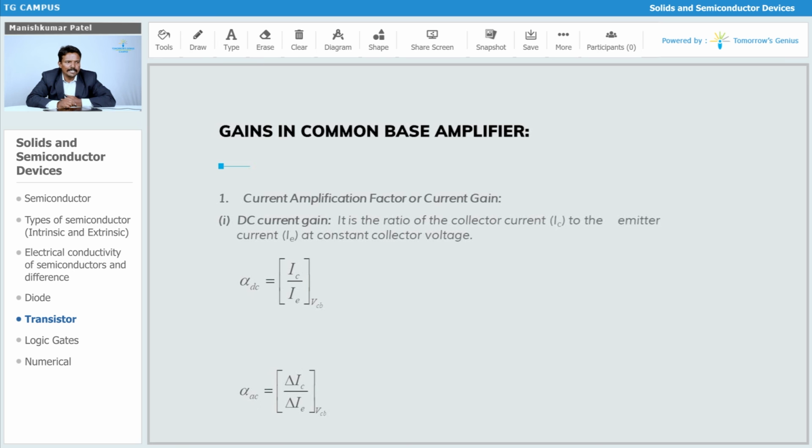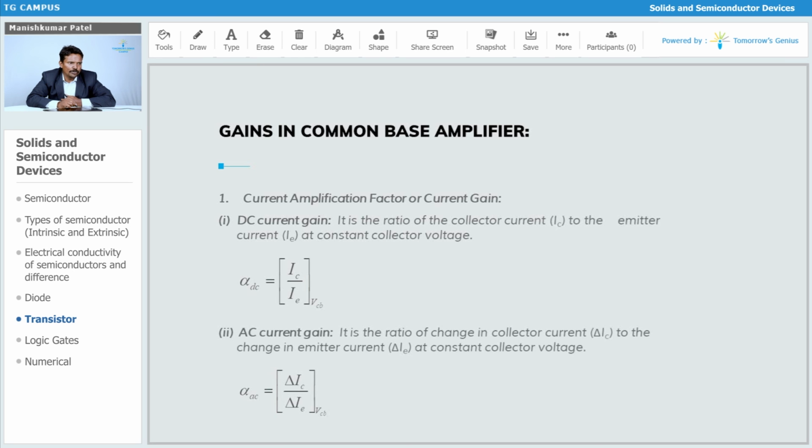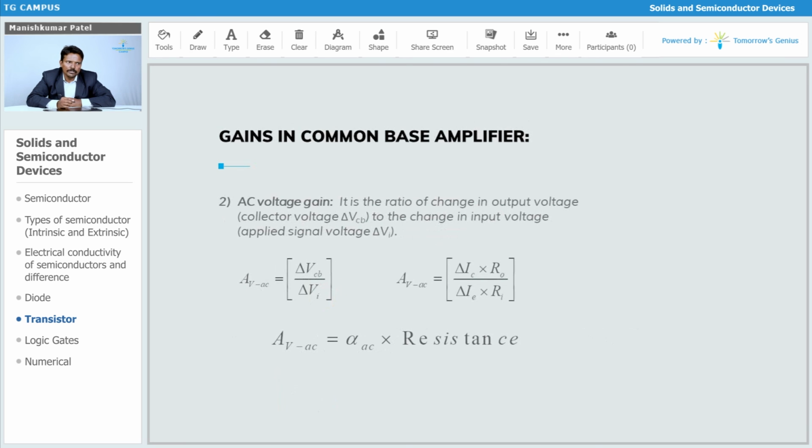Similarly there is the DC current gain and the AC current gain. This is the same thing we have written here: keeping VCB constant, the change in the collector current with respect to the change in the emitter current. So what is the AC voltage gain? It is the change in the output voltage upon the change in the input voltage.